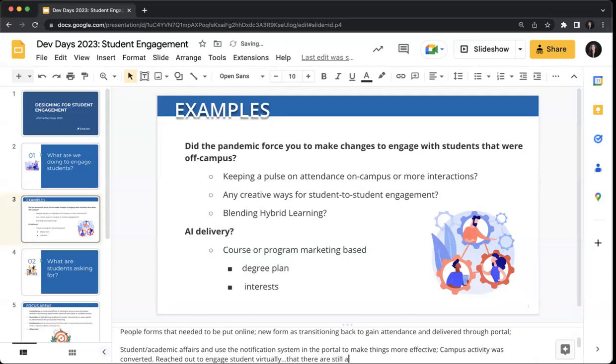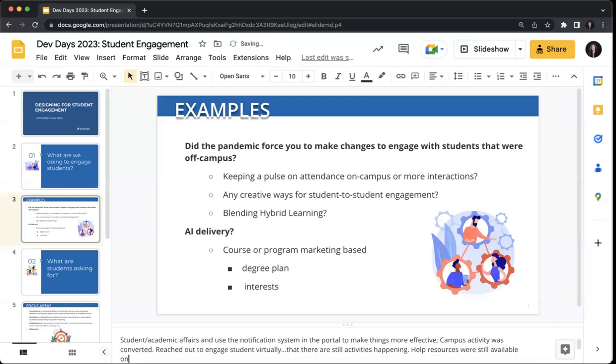The last item was that all the help resources we provided on campus were available virtually. Rather than students trying to find out how to find the tutoring services or healthcare services, we built a page within MyCPP dedicated to student virtual resources.